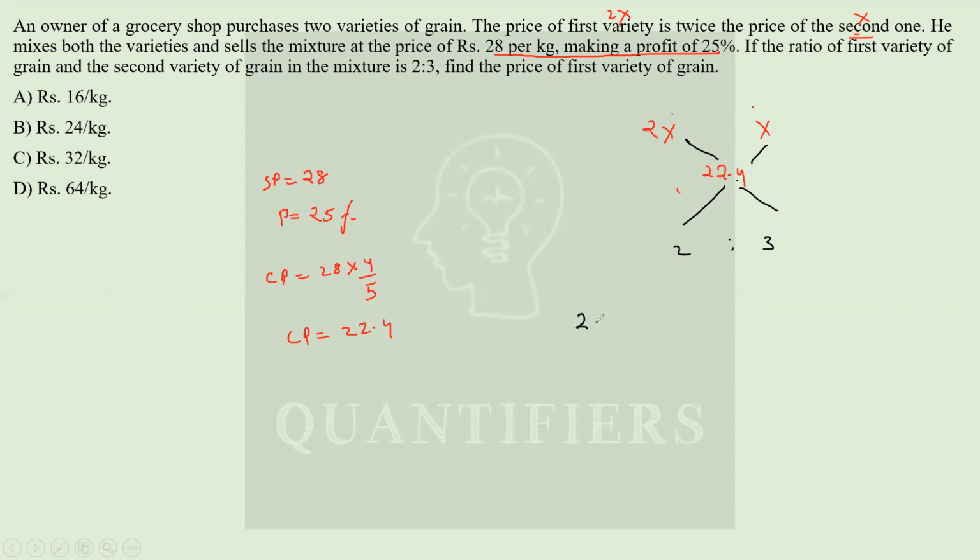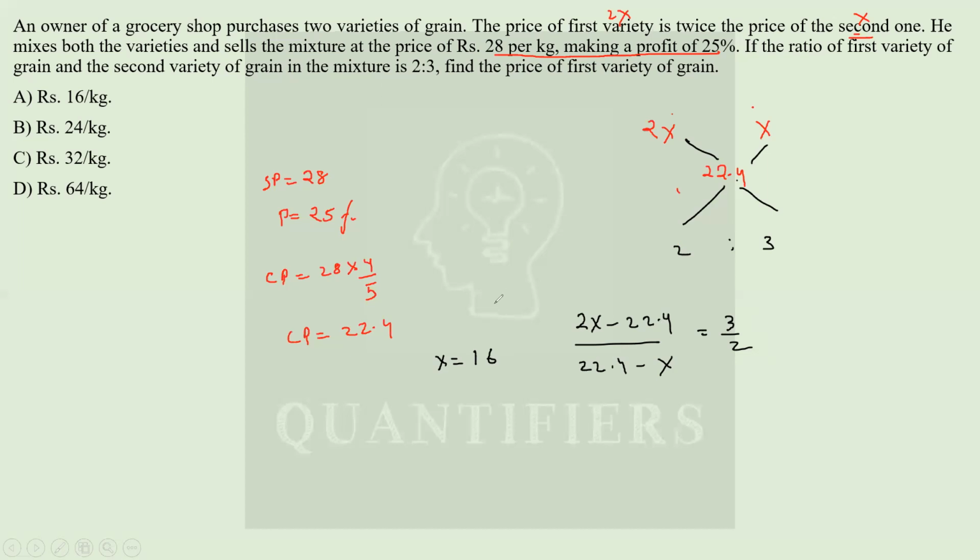So we'll get 2x minus 22.4, which will be equal to 3 parts, divided by 22.4 minus x, which will be equal to 2 parts. So the ratio will be 3 by 2. Now from here, students, if you solve, you will get the value of x, which comes out to be 16.